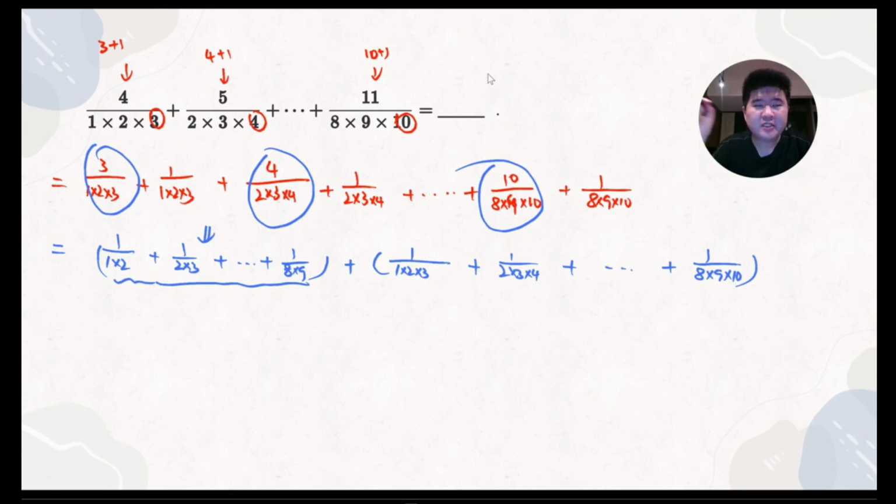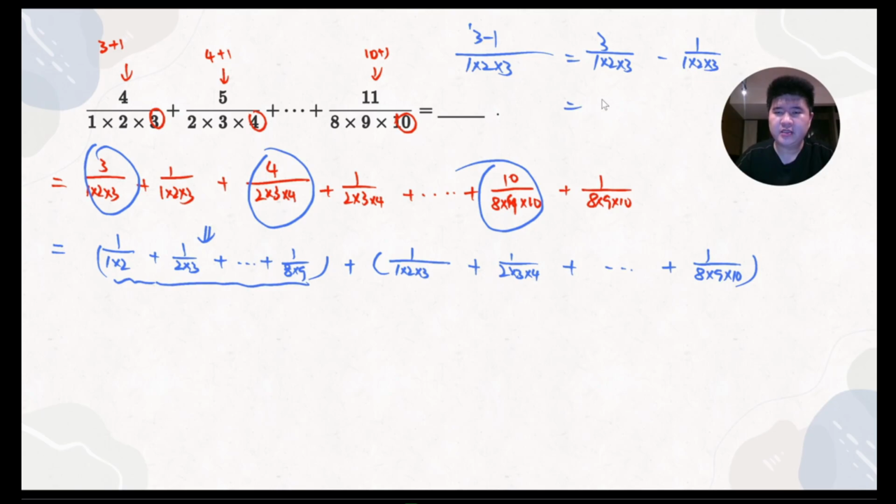We prefer the numerator to be the largest factor minus the smallest factor. 我们希望分子是最大的因数减去最小的因数。For example, with 1 times 2 times 3 as denominator, what will be preferred as the numerator? It is 3 minus 1, which is 2. 我们希望2是分子。Why? Because for 3 and 1, if we split them, 3 over 1 times 2 times 3 minus 1 over 1 times 2 times 3.